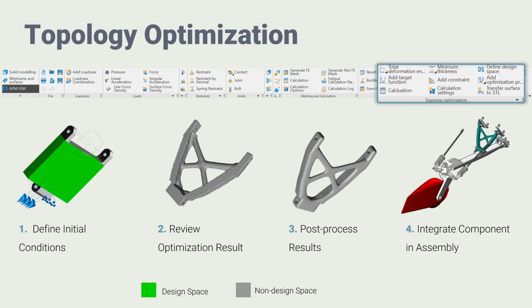We can account for loads and define parameters to maximize or minimize, such as stiffness, mass, or displacement. Topology optimization analysis can be computationally intensive and may require significant processing time. However, the result is a structurally optimized geometry.